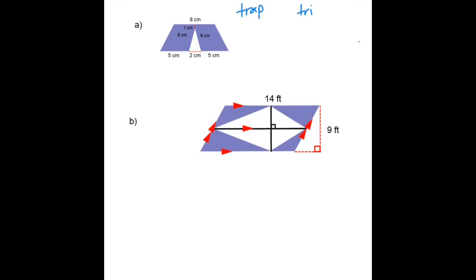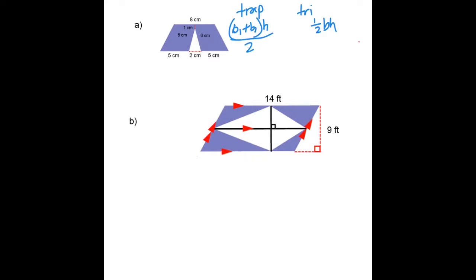So let's see, area of a trapezoid, base 1 plus base 2 times the height all over 2. Area of a triangle, 1/2 base times height.